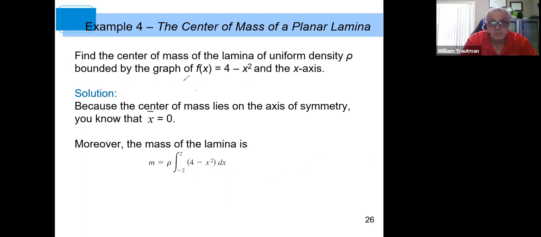If it lets me change out of this mode, there we go. 32 over 3 times the density. So they got the same thing I did.